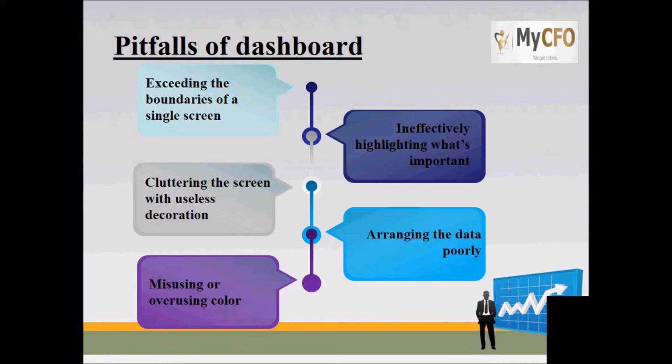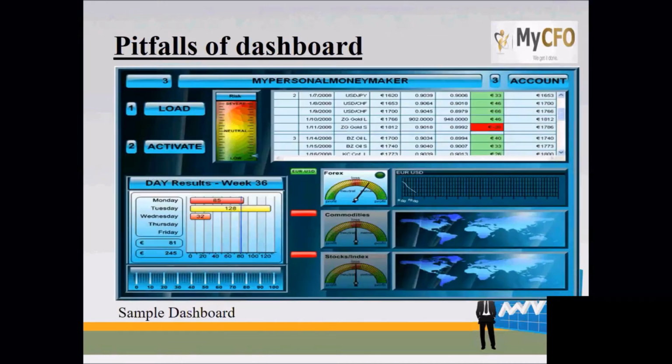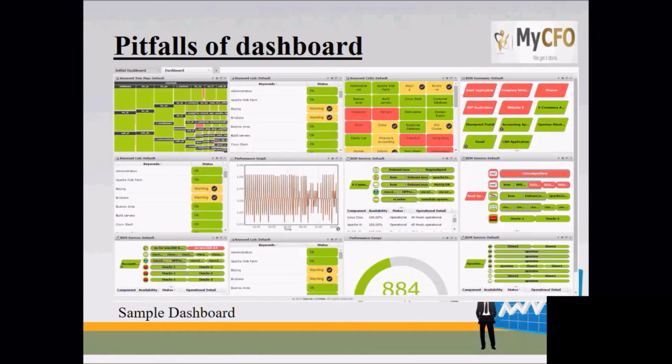Second pitfall is ineffectively highlighting what's important. Going back to the first example that I gave, the dashboard had a lot of data, a lot of graphs, but can we check here which one to look at in the beginning? How to go through this dashboard?